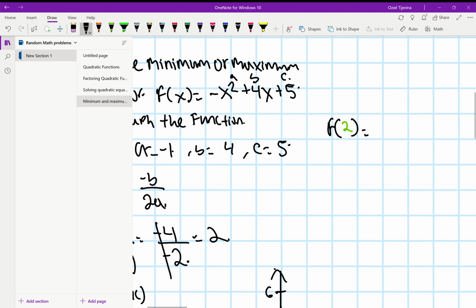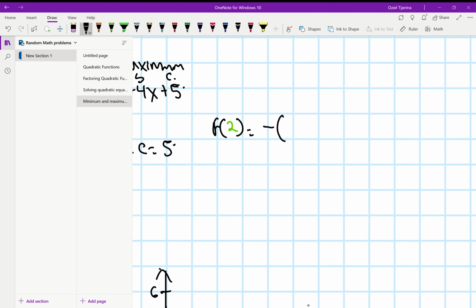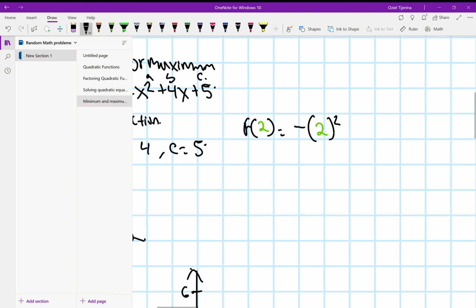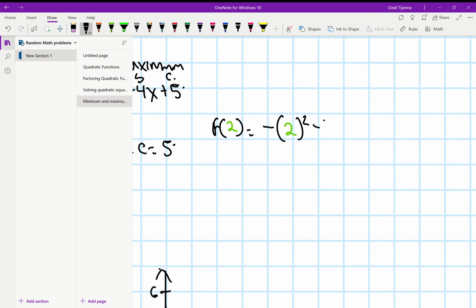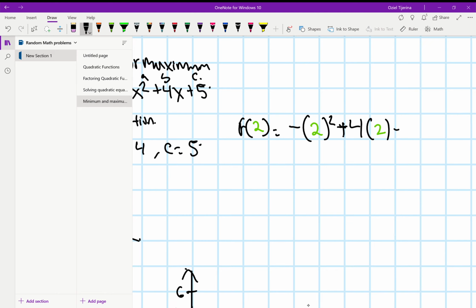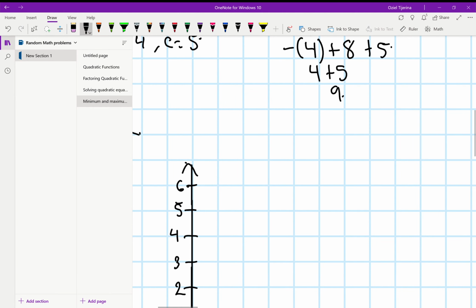So it would be negative the quantity 2 squared plus 4 times 2 plus 5. So this would be negative the quantity 4 plus 8 plus 5. So then it would be 4 plus 5, and that would be 9. Okay.